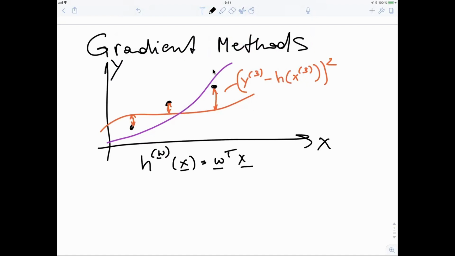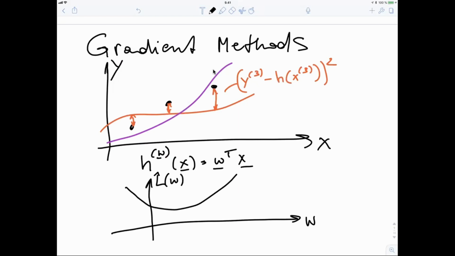So what we would like to do then is to find the weights that have the smallest loss or average loss on the training error. So we have here this loss or training error, and we would like to find the best weights. So there would be some optimal weights that we would like to find.